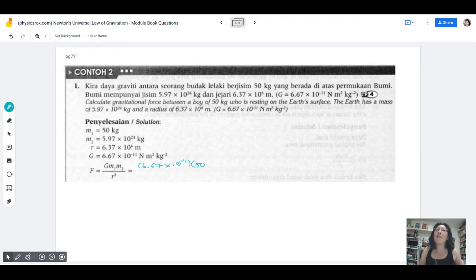Okay, we'll take the buoy as object 1 and Earth as object 2. And R, of course, is the radius of the Earth. Now, a common mistake that a lot of students make is to forget to square the value of R. So don't forget to square it. So we're going to use our calculator now to figure out the answer.